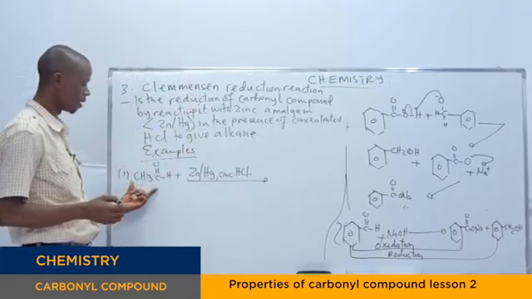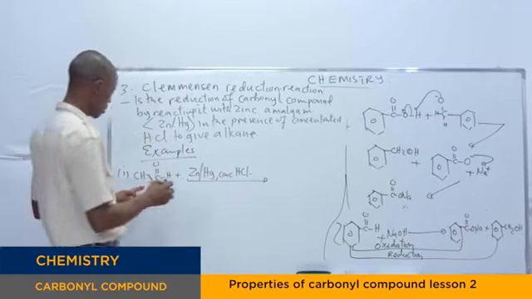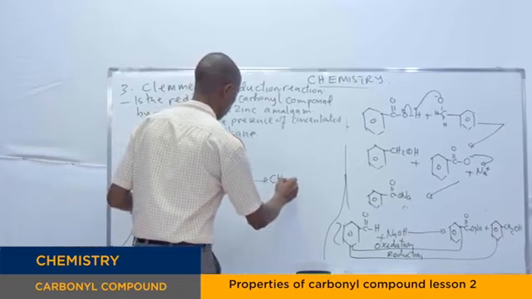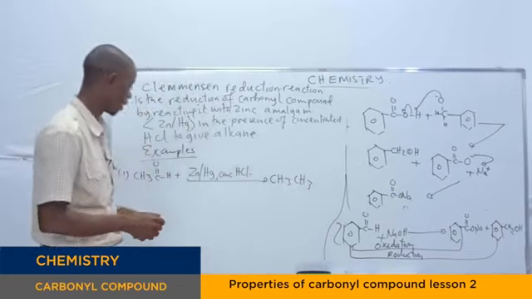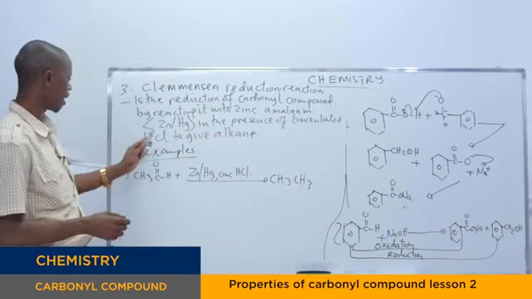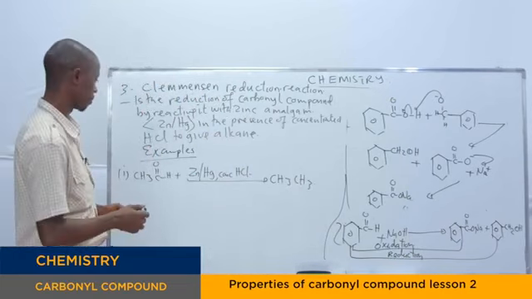This is ethanal. It can be reduced to form alkane. The alkane which is formed will have the same number of carbon atoms as the carbonyl compound.